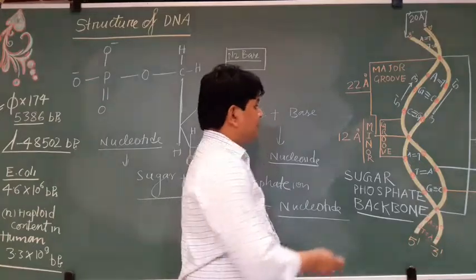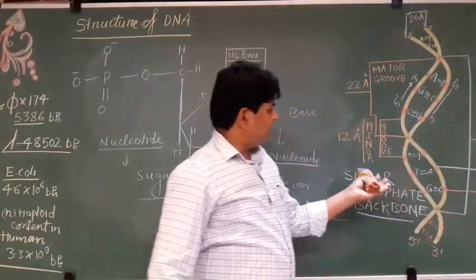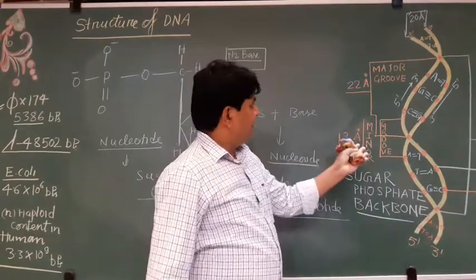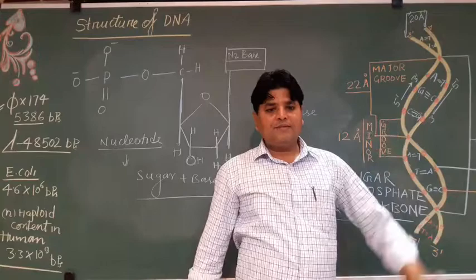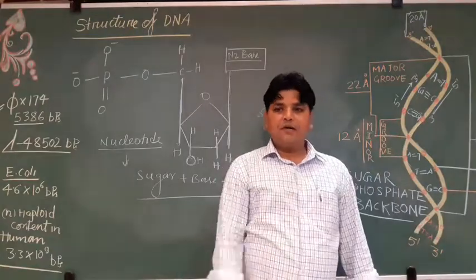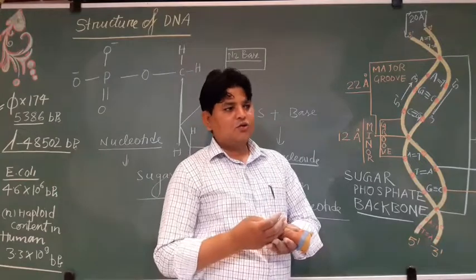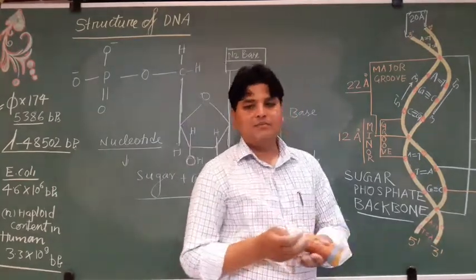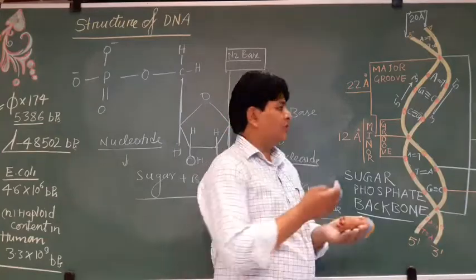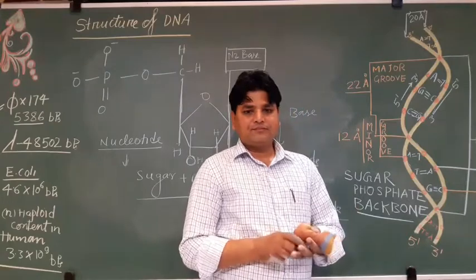The second one is that the two strands are anti-parallel. They have polarity. For example, if the polarity of one strand is 5' to 3', the other strand has 3' to 5' polarity. So these two strands are anti-parallel to each other.